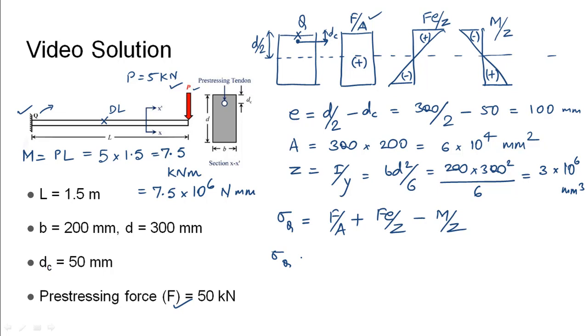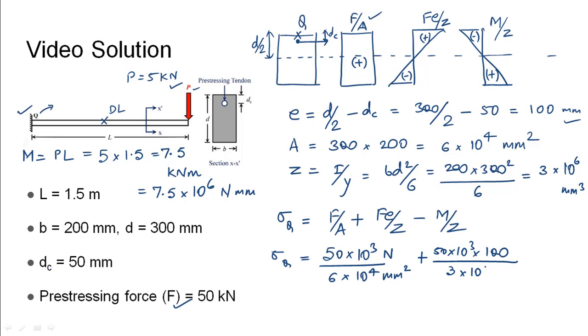So sigma Q will be 50 times 10 cube over, this is Newton, the area, that is 6 times 10 to the power 4 mm square, plus the force 50 into 10 cube into eccentricity, that is 100, we calculated it here, divided by Z, that is 3 times 10 to the power 6 mm cube, this is mm, and this force will be in newtons.